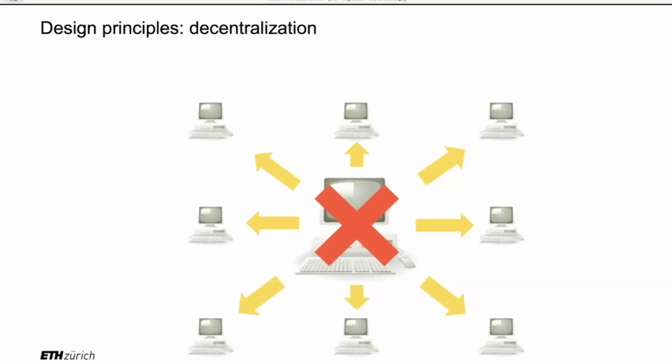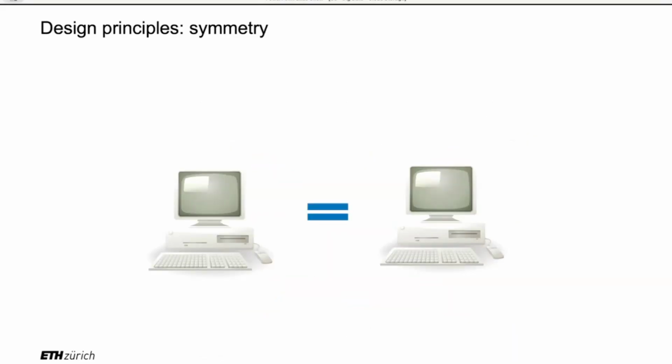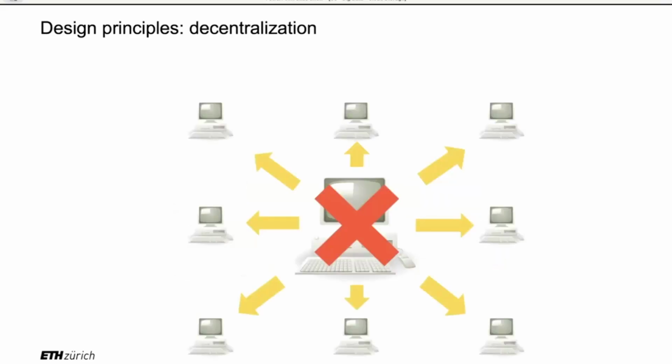But it doesn't mean that all the computers have the same memory and CPU and so on. They might have heterogeneous features, not the same disk space, not the same memory, but they are like in a democracy where there is no particular computer that is singled out from the others. So it's completely decentralized. That would be a peer-to-peer architecture.